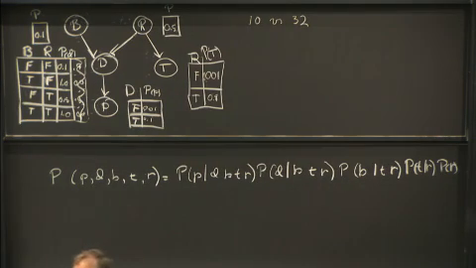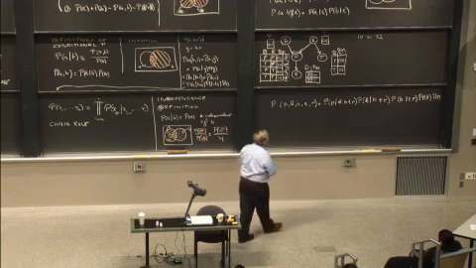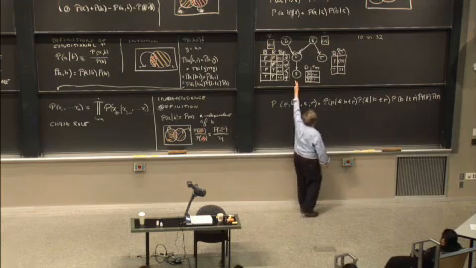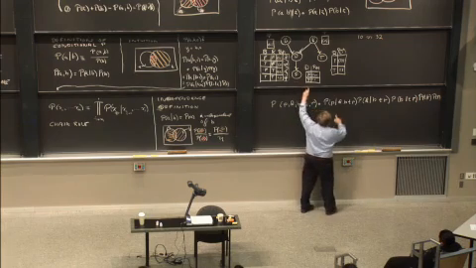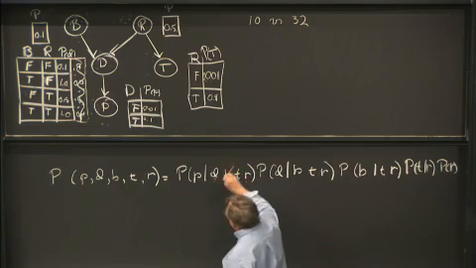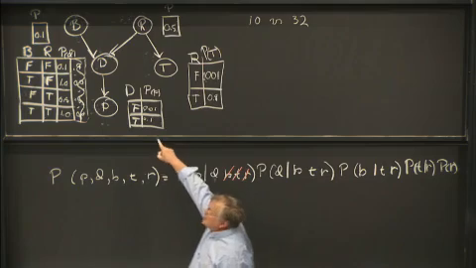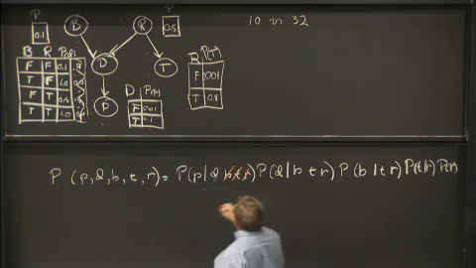Now, we have some conditional independence knowledge too, don't we? We know that this probability here depends only on D because there are no descendants. So therefore, we don't have to think about that, and all the numbers we need here are produced by this table. How about this one here?